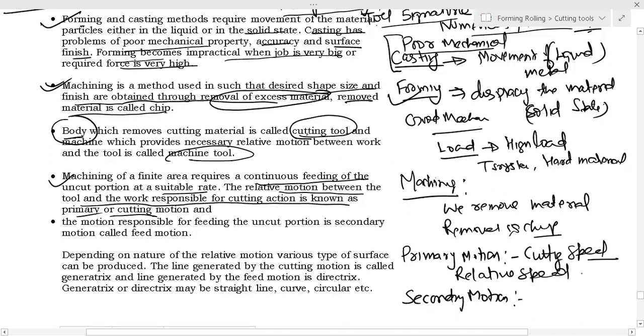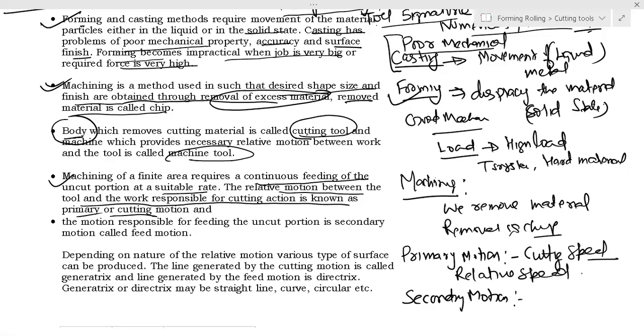Sometimes the tool moves, sometimes your workpiece moves, so it is not an absolute velocity. You have three velocities involved in a machining process. When we discuss the theory of metal cutting, we'll discuss three types of velocity and their relation with respect to shear angle and rake angle.